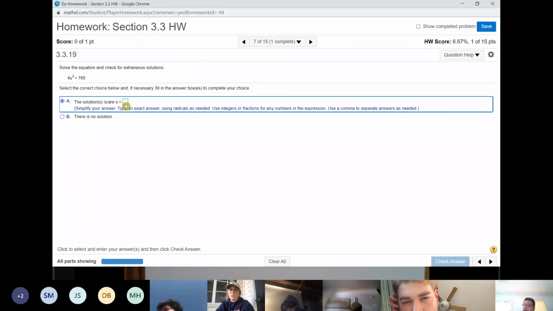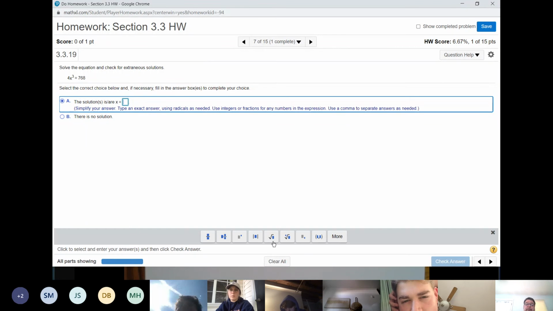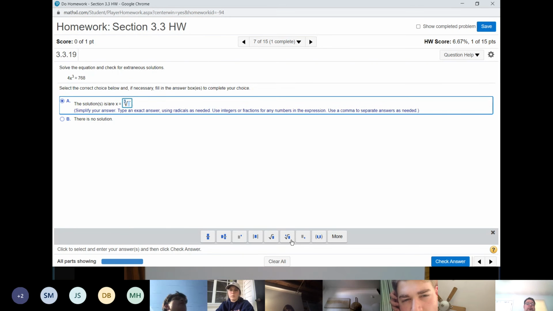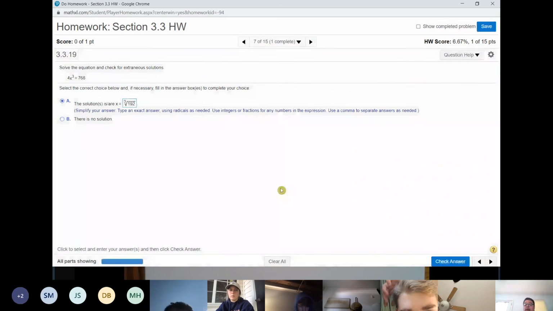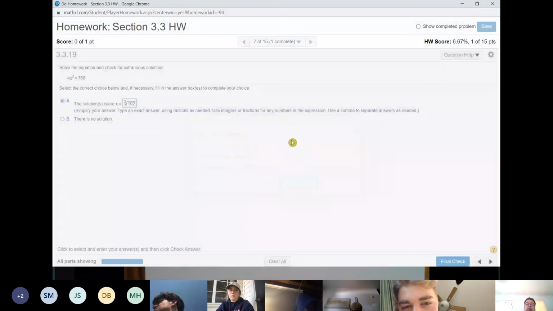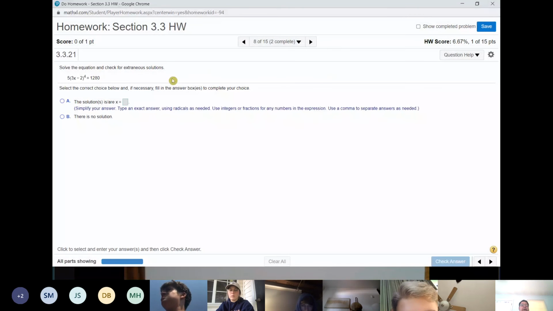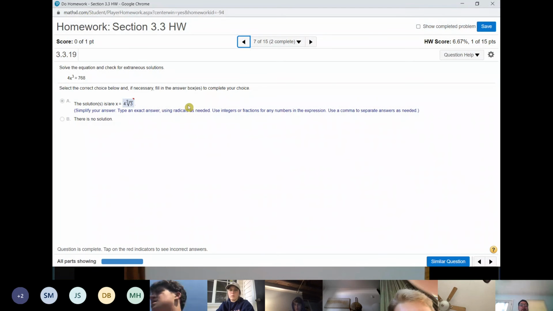So I don't know. Let's see what they get. Solution is the cube root. Let's see if they want a cube root. Cube root of 192. Evidently, they want to break it up into its multiples. Okay, there is a cube root that can break it up. Wow. Let's see what that is. 4 times 4 is 16. 64. 64 times 3.